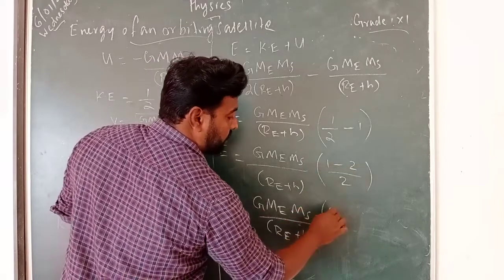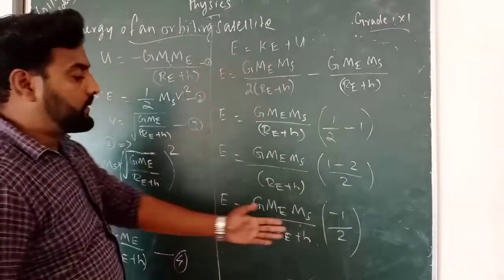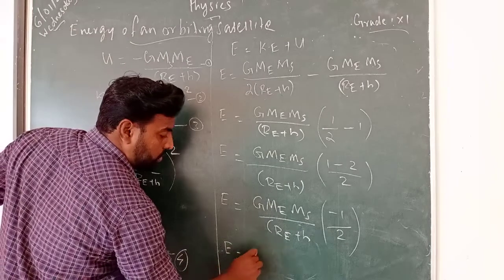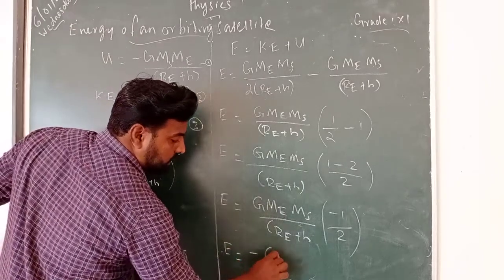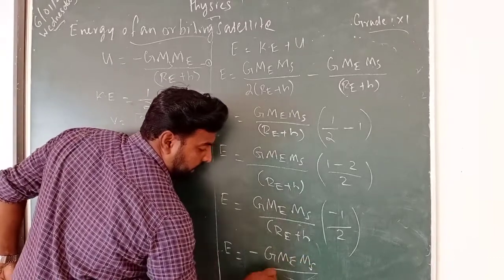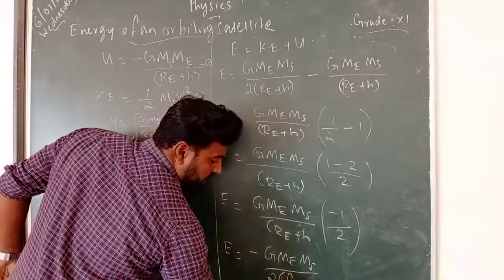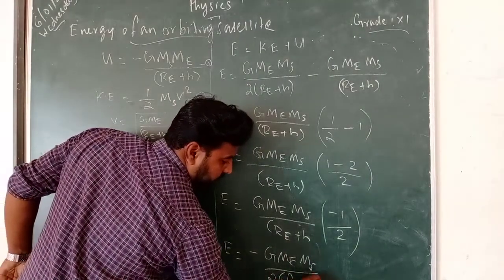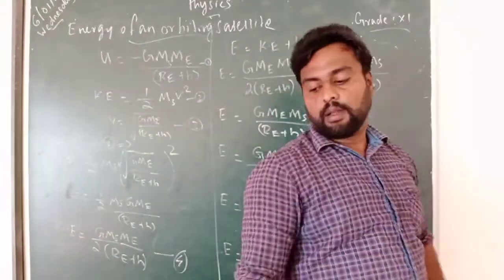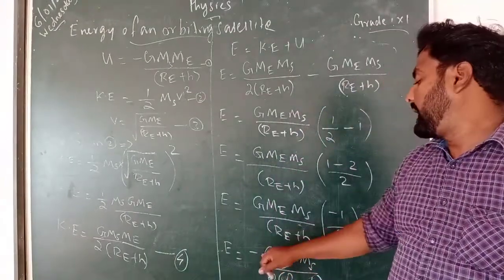Here it is 1 minus 2, that is minus 1 by 2. Now, next step, taking this minus 1 by 2 outside, E equals minus G Me Ms by 2 into Re plus H. This is the energy of an orbiting satellite, and here there is a minus sign.